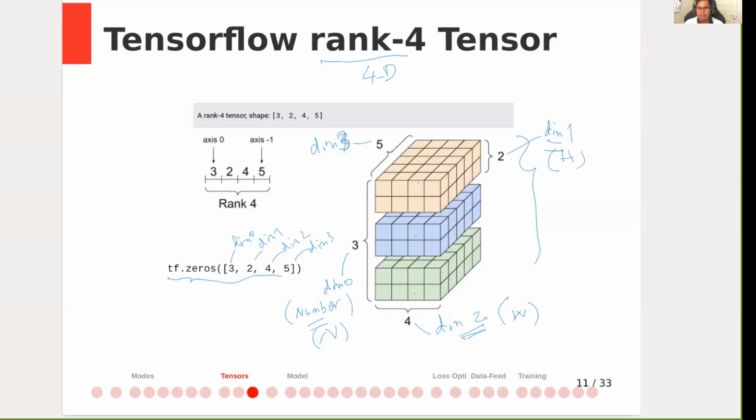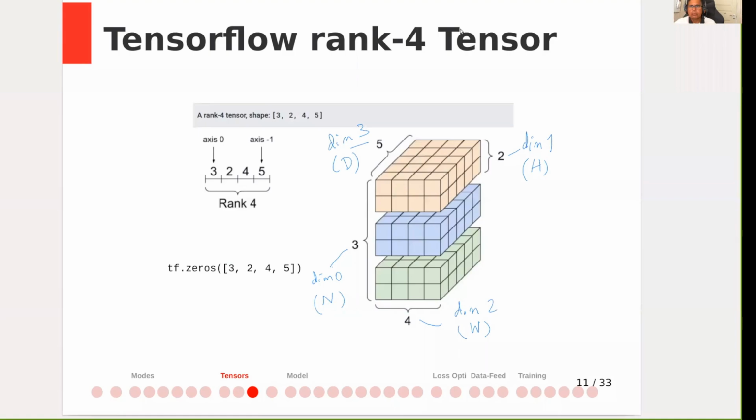And the last dimension, dimension 3, is the number of channels in each image, let's call it D, the depth of each image, or number of channels.